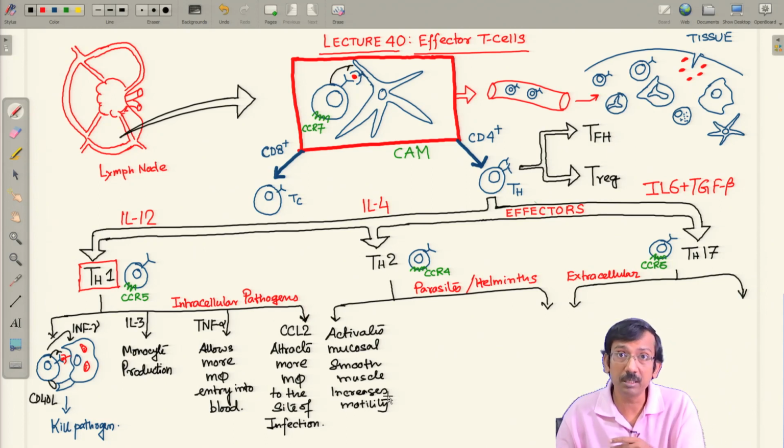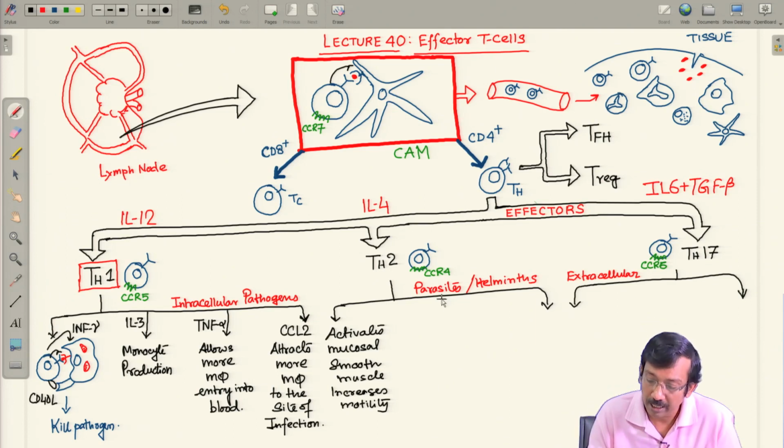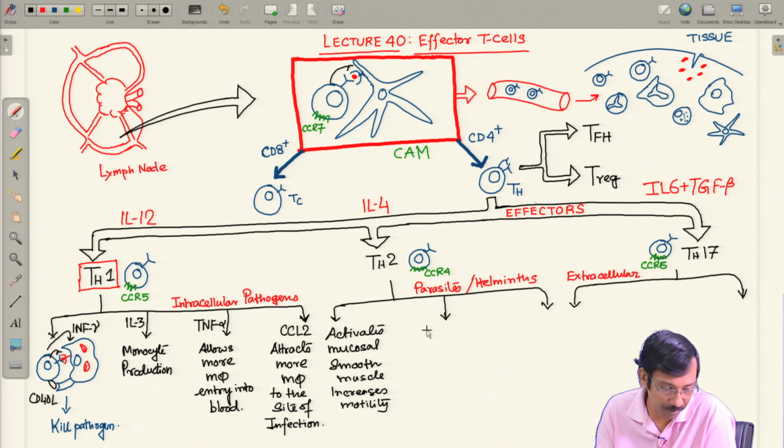So those are dealt with by this kind of Th2 responses, type 2 responses, and they can also activate the eosinophils and the basophils, for example.